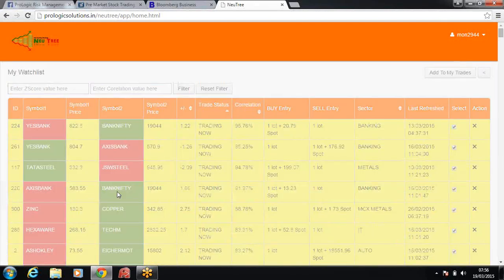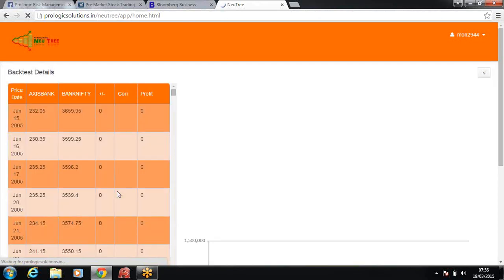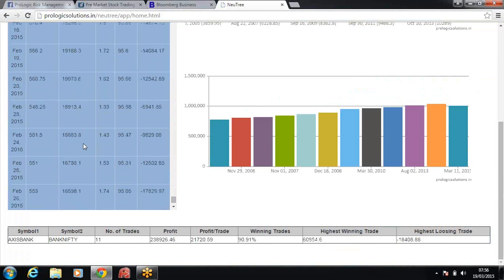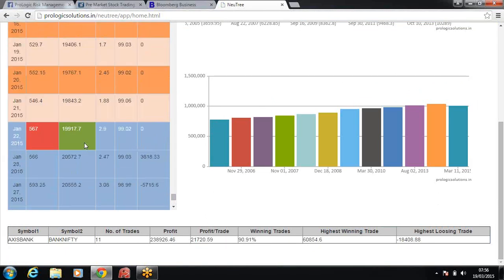So let's check Axis Bank and Bank Nifty. Axis Bank we have short, again we have bought Bank Nifty. So the Z-score started at 2.9.